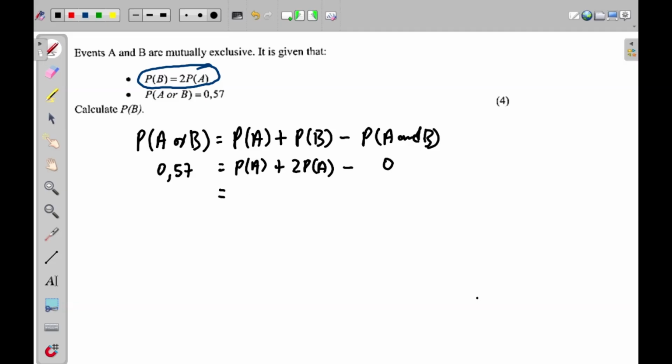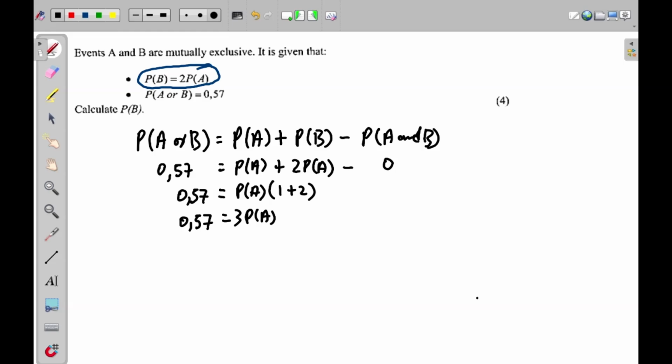I factor out the probability of A on the right-hand side, then I'm left with 1 plus 2 in brackets, and then I've got 0.57. So I end up with 3P(A) is equal to 0.57.